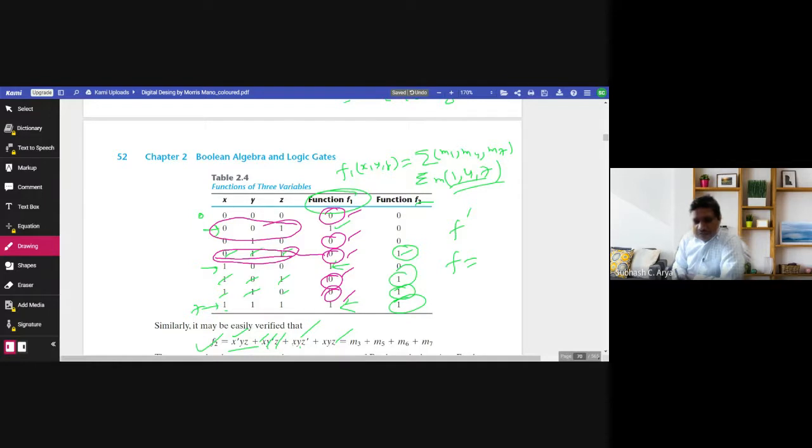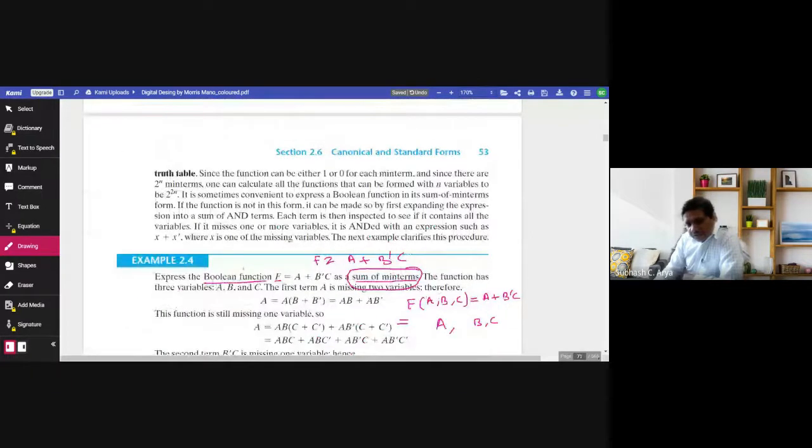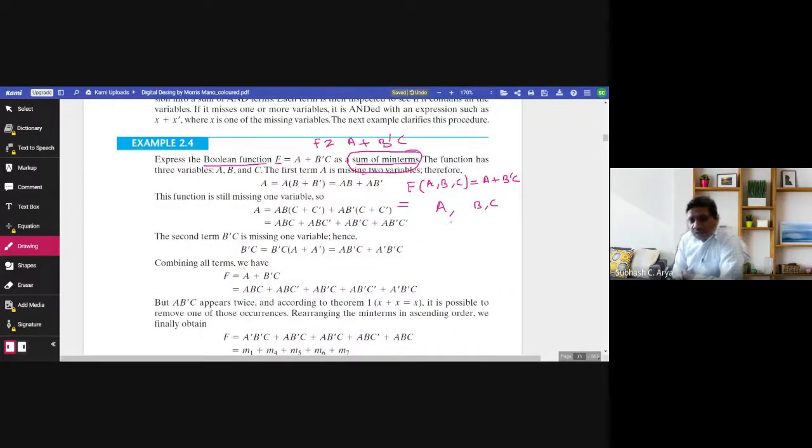Okay, so we want to know what is the status of the other missing variables. This is our objective. So how to find out the missing variable without changing the logic, without changing the function itself? So the method is, this a we have written here on the left hand side.